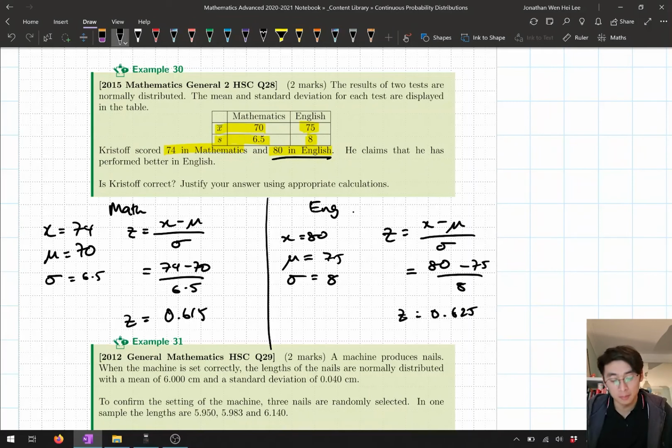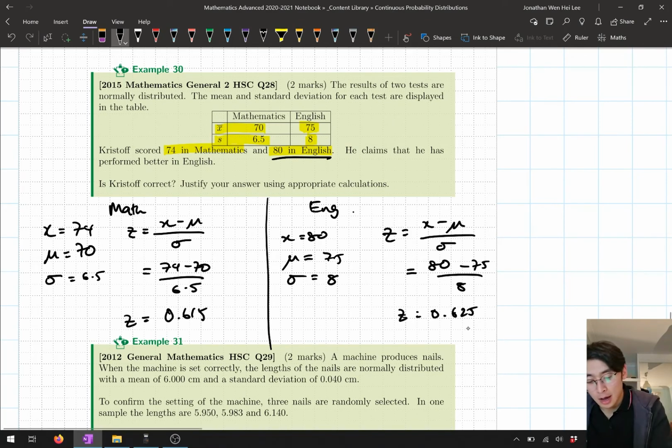Now, if you've compared these numbers, the Z-score for math is less than the Z-score for English. What this tells me is that he is actually a little bit better. He's been doing a little bit better in English than he is in maths. This Z-score tells me that he is 0.625 standard deviations above the mean, whilst in maths he's only 0.615 standard deviations above the mean.